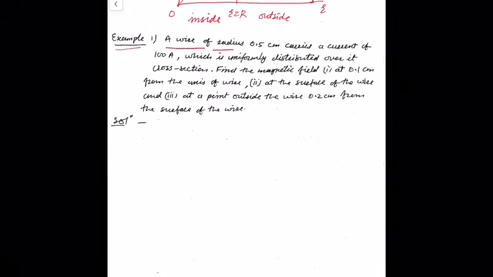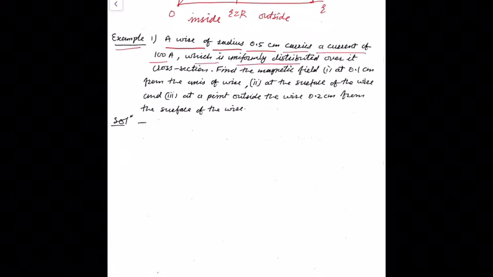So, example first. A wire of radius 0.5 centimeter carries a current of 100 ampere which is uniformly distributed over its cross section.